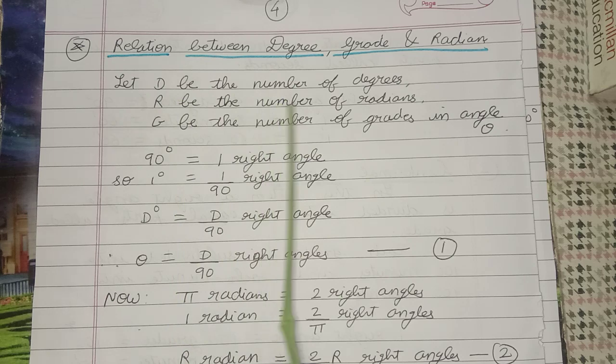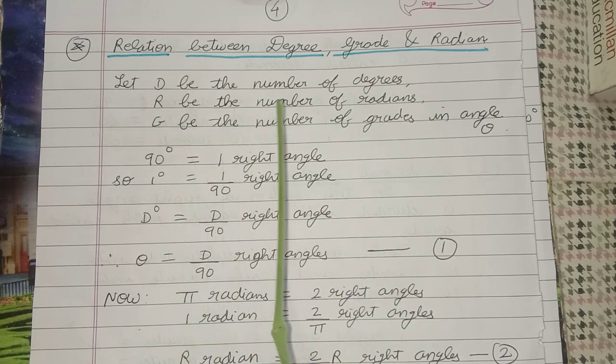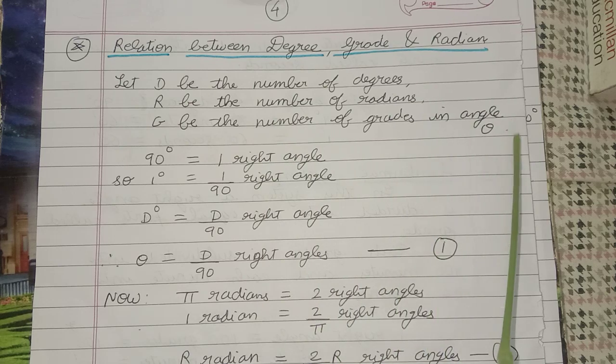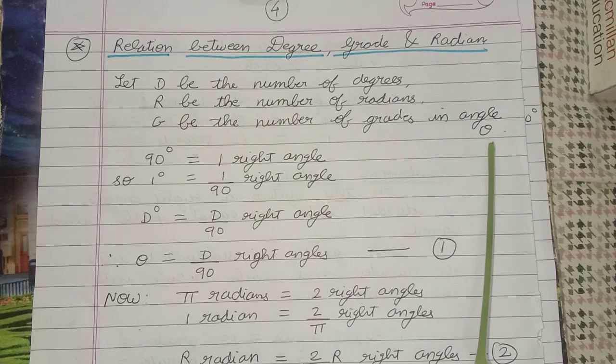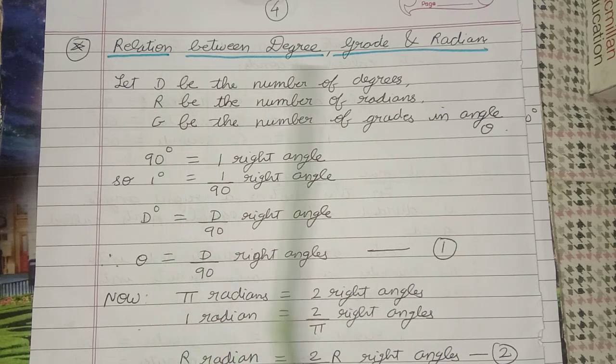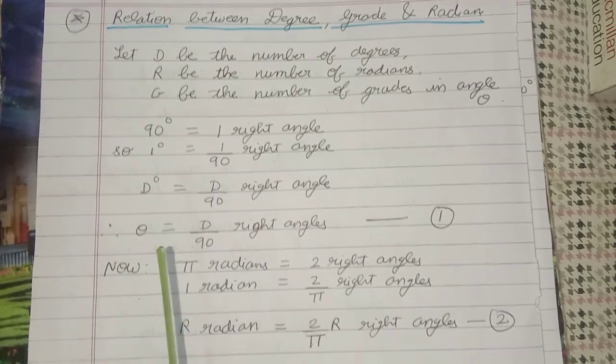Let D be the number of degrees, R be the number of radians and G be the number of grades in an angle theta. Understand this, angle theta is constant. If theta is measured in degrees, it is D degrees. If theta is measured in radians, it is R radians, and if theta is measured in grades, it is G grades.